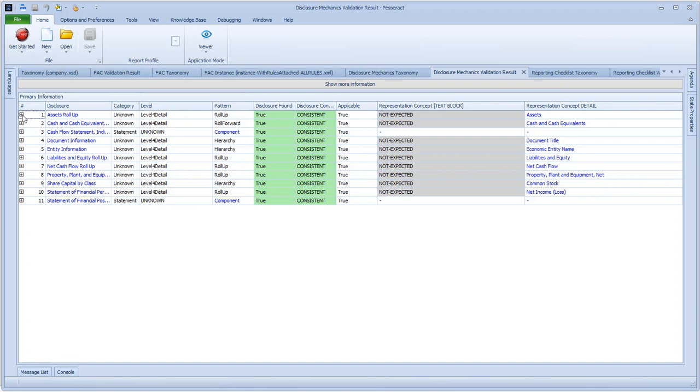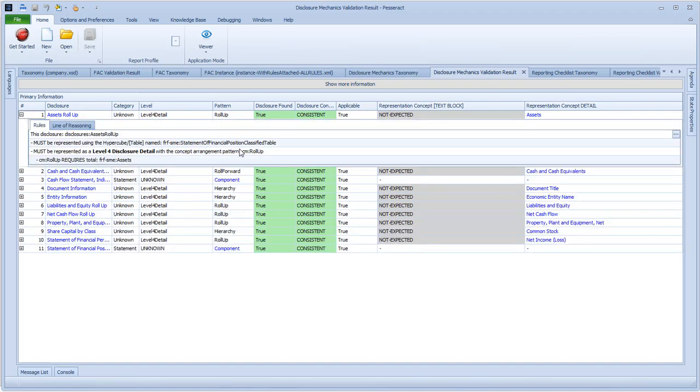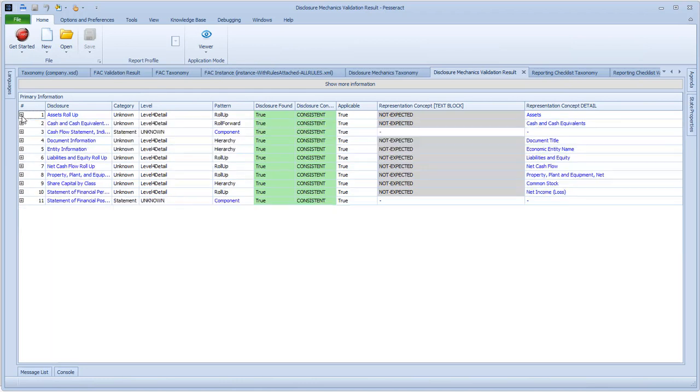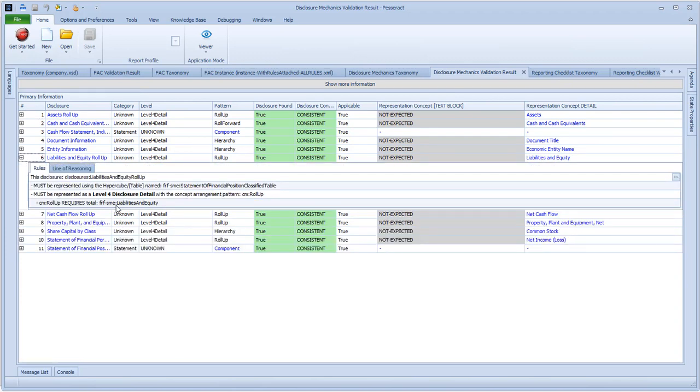Each pattern has a set of rules that describes that information model. So here the assets roll up, it says it requires the concept assets to be the total of that roll up. Here's liabilities and equity. It requires liabilities and equity to be the total of that roll up.